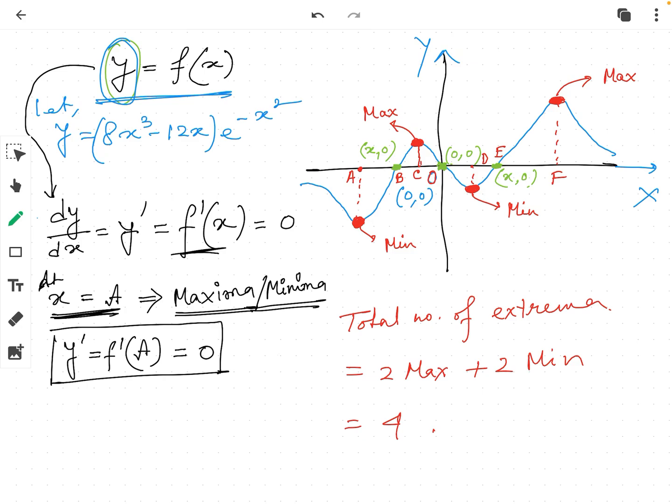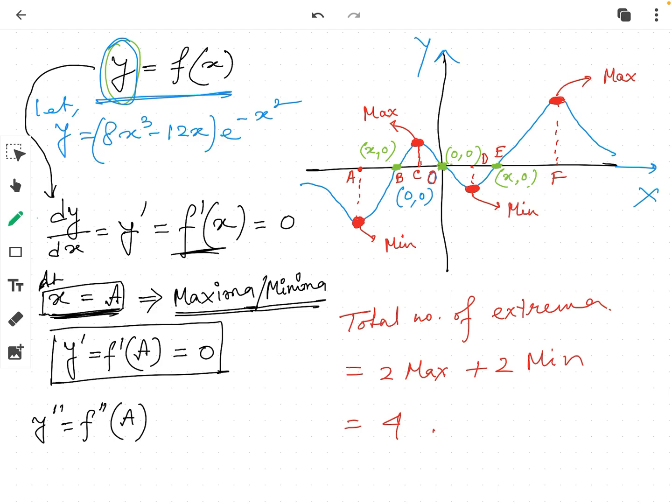And if we need to know that at x equal a the function is maxima or minima, then we need to find the double derivative of y at this point. That means we need to find y double prime, that is equal f double prime a.